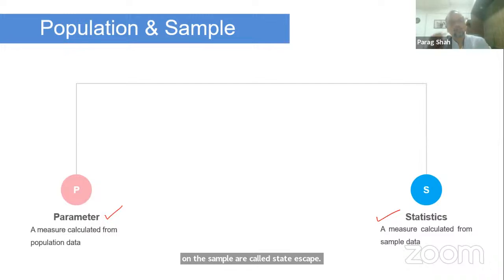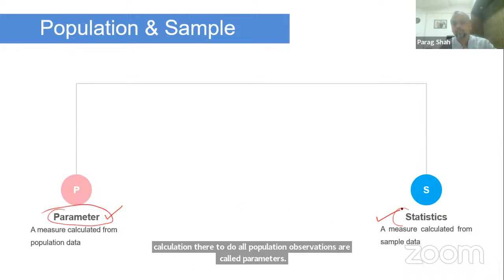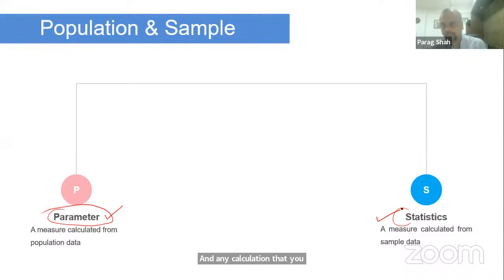Make sense? Whatever you calculate, whether mean, standard deviation, range, total, any calculation that you do on population observations is called a parameter, and any calculation that you do on the sample observations is called a statistic.